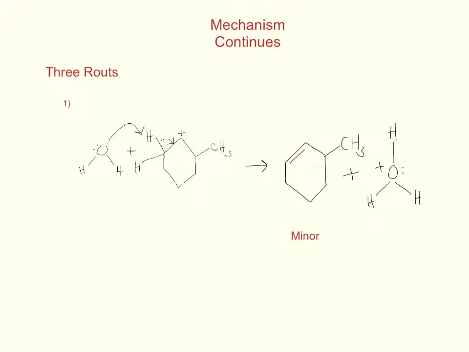This is highly unlikely because, first of all, we could form a more stable carbon cation, and second of all, according to Zaitsev's rule, the hydrogen that's going to be removed is the one connected to the carbon that has the least hydrogens, which would be this one, which only has 1, and this one has 2. So here's one of our products that could have happened throughout the reaction.